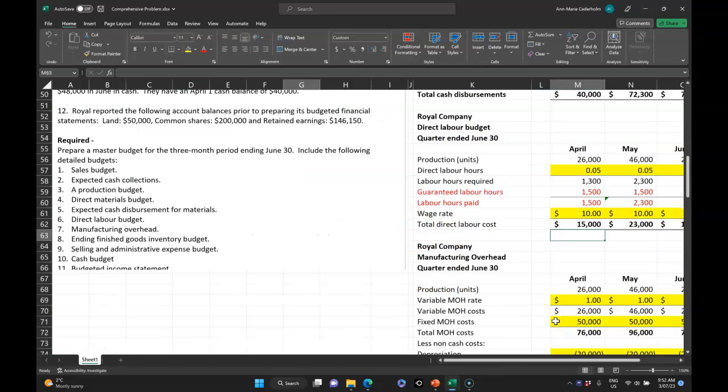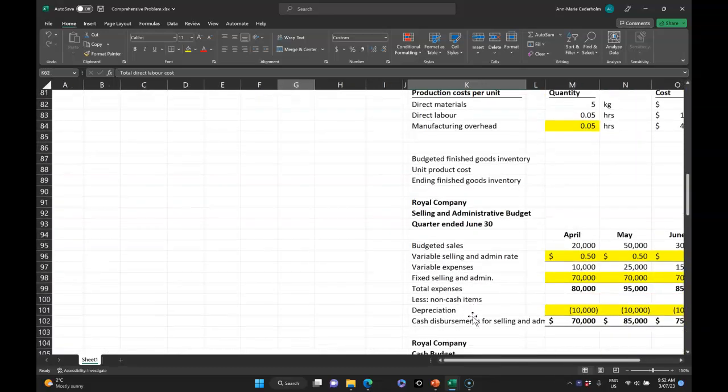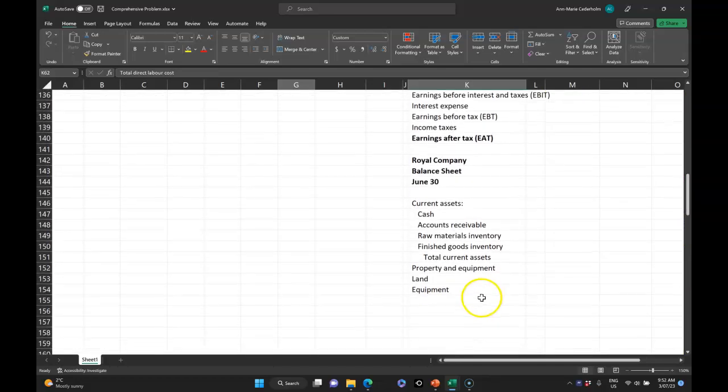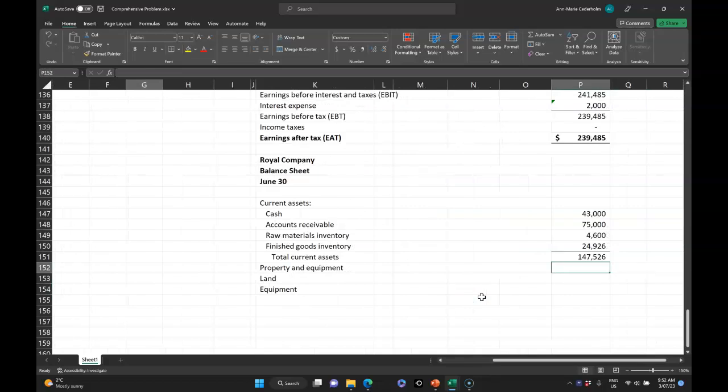Okay, so I'll put those down here. I don't know how much the equipment is, so I'm just going to leave that for now. I'll just put that in gray.